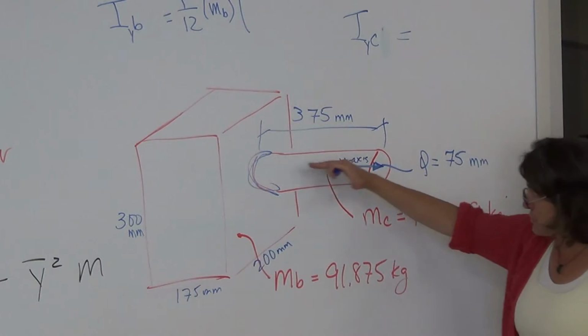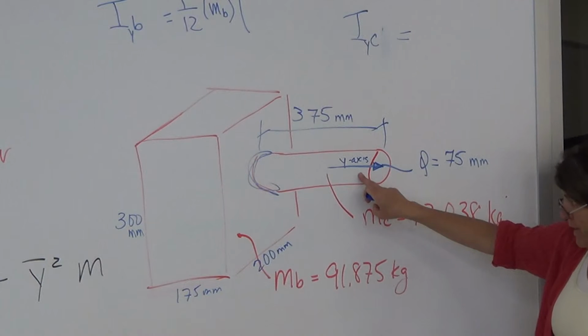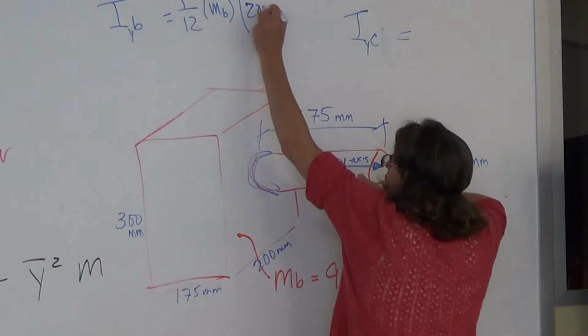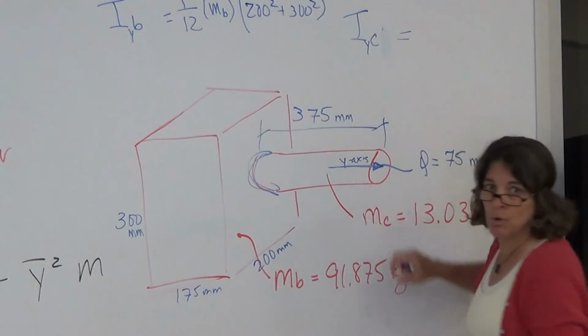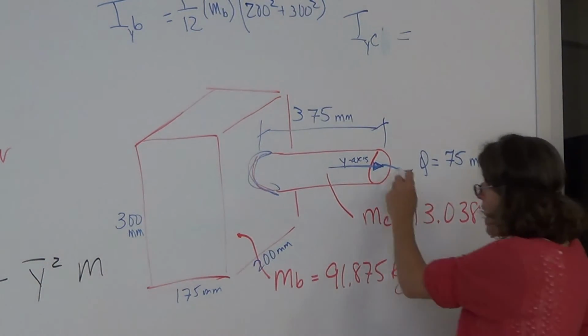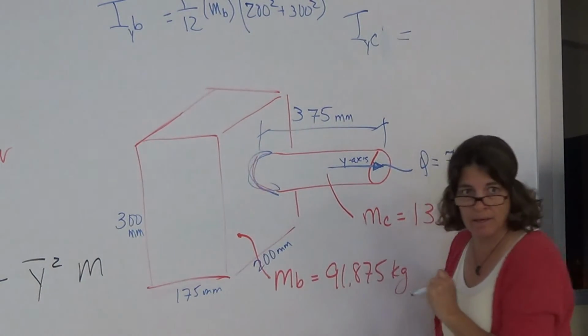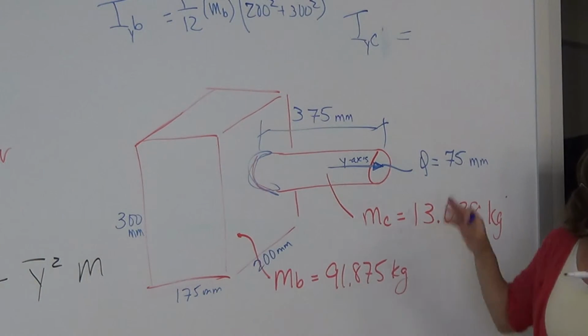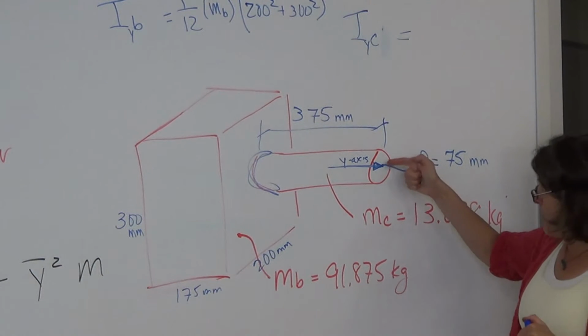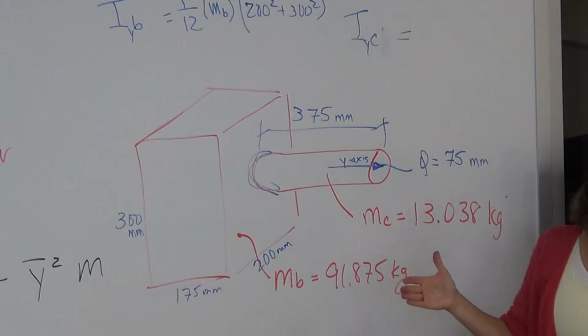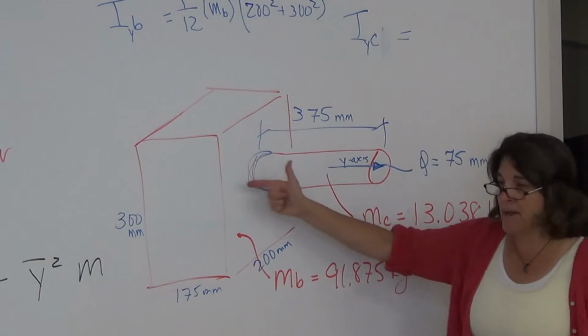Which dimensions describe the plane that's perpendicular to the y-axis? The 200 and the 300. That is the moment of inertia about the y-axis going through this block. Why did I not have to do the parallel axis theorem? It's going to the center. Because the y-axis that they're asking us to find the moment of inertia about is through the center of the block.